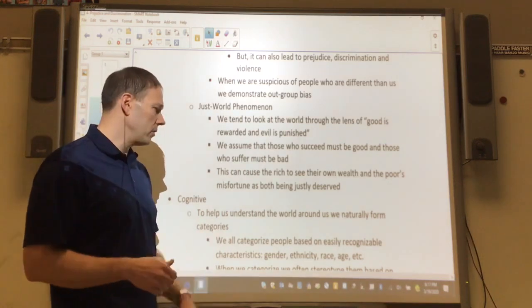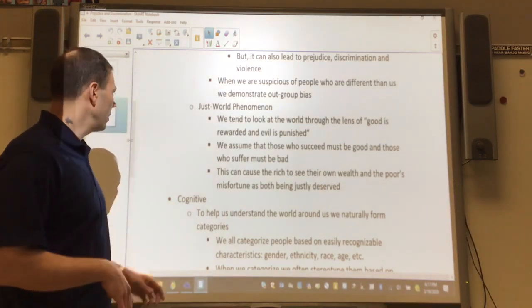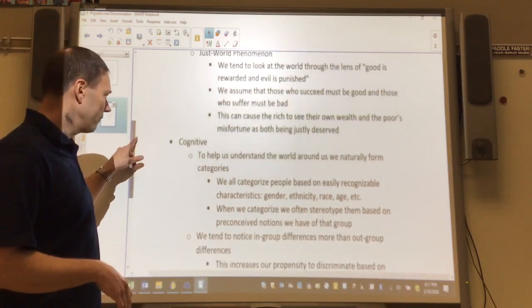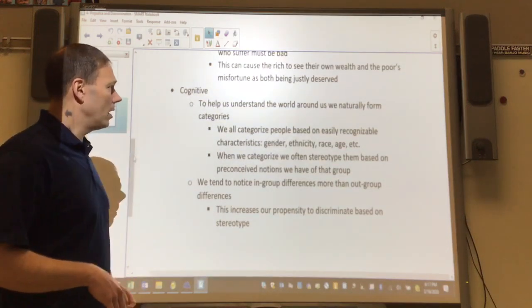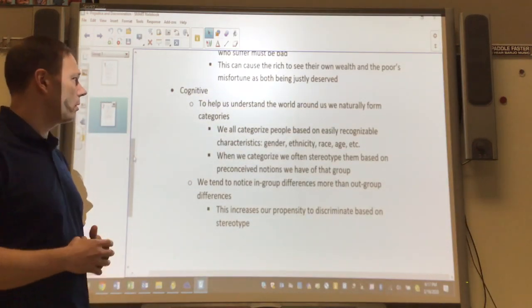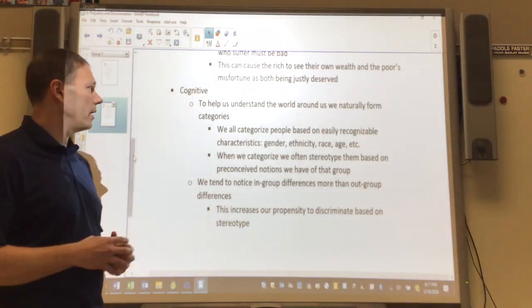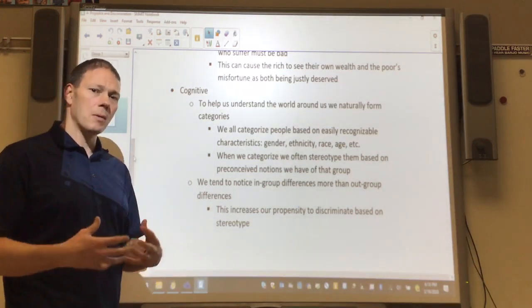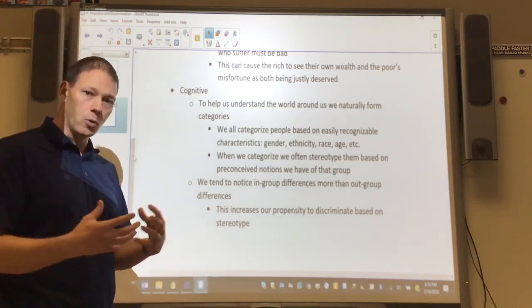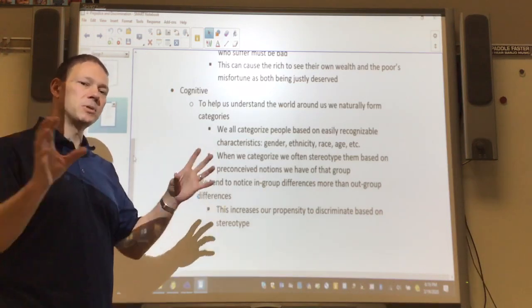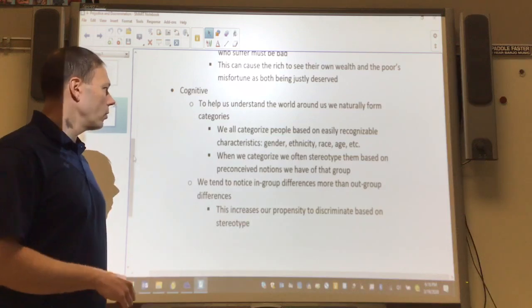And so the Bible, there's many themes like that in the Bible that if we were in here we could discuss, but for now, let's move on to the cognitive reasons for prejudice and bias. Like I said before, again, it helps us understand the world we're coming from by naturally forming these categories. When we see things, it helps us to organize it by category.